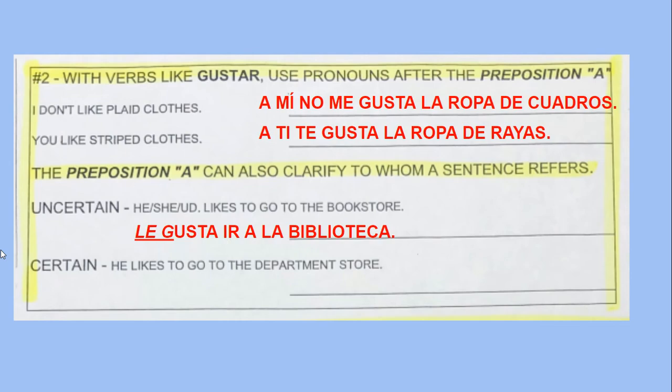But if I wanted to know who that le was, I could say, a él le gusta ir al almacén. A ella le gusta ir al almacén. Or I could say, a ella le gusta ir a la biblioteca. So we're talking about this a él, a ella, this part right here that goes in front of gustar, in verbs like gustar.